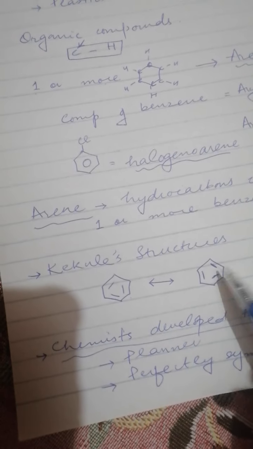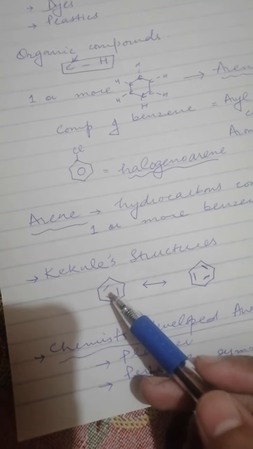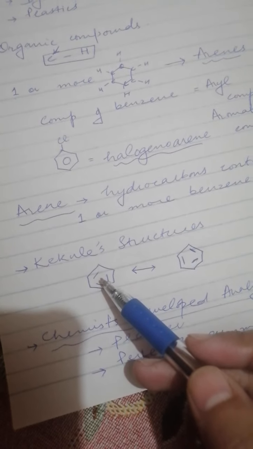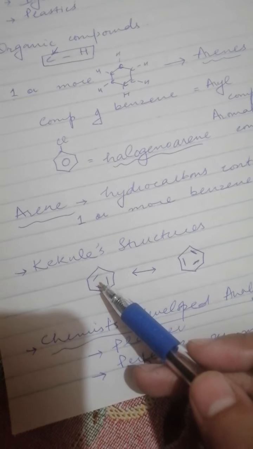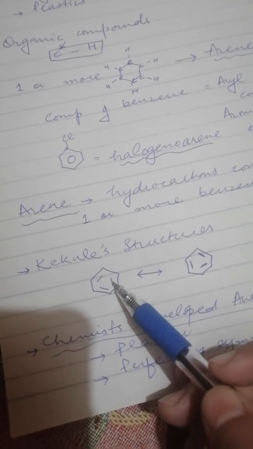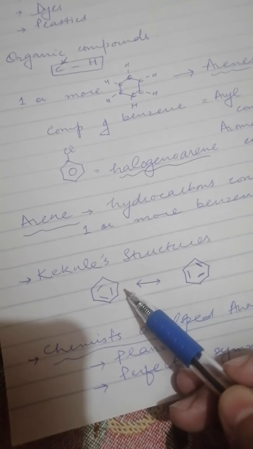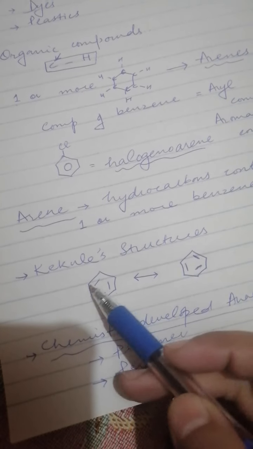The Kekulé structure suggests that the three double bonds inside the ring are shorter, and the single bonds are of longer bond length.